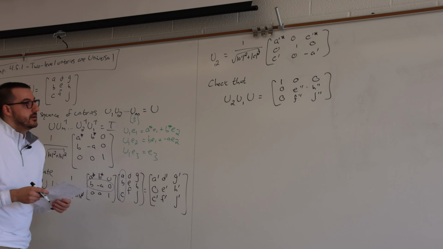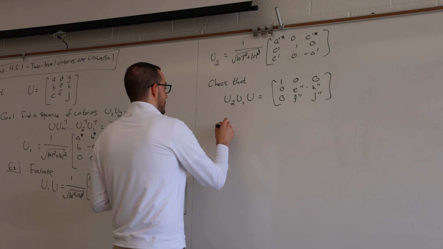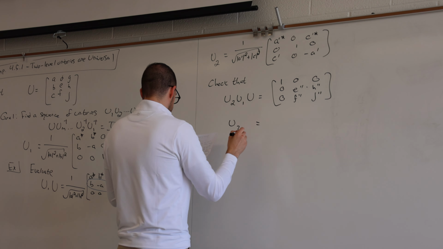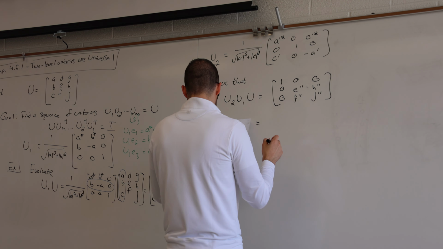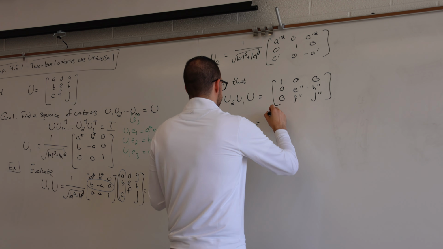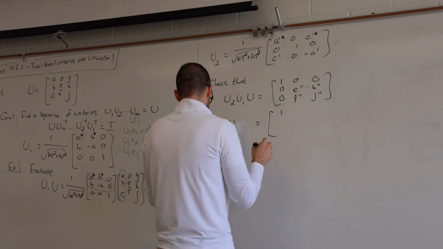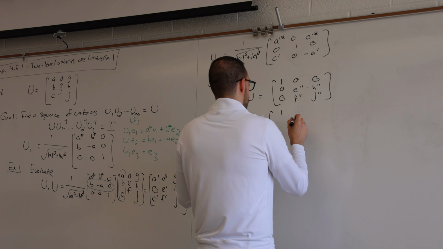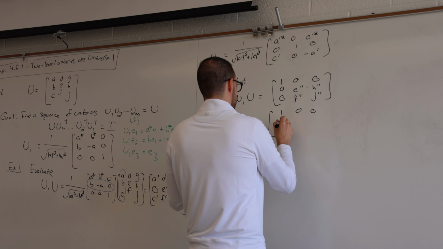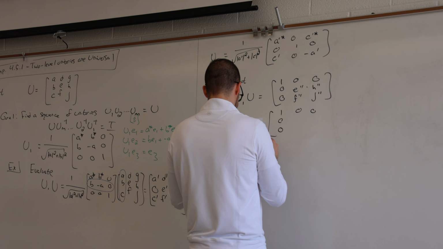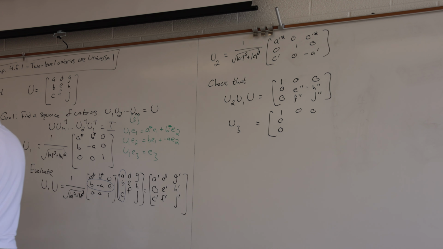So the last one, in order to actually get it to be the identity, will be the following matrix. Just to write it out, we'll have U3 as another two-level matrix. So this will be 1, 0, 0, 0, 0, E'' star. Let me make sure I have this right.